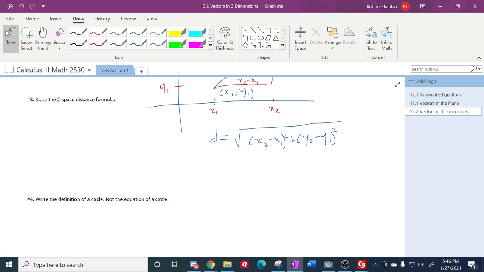Let me focus on your part with my little stylus. Oh, here it is. You said equidistant from the center. And that's what we're going to do, a formal mathematical definition of a circle would look something like this.